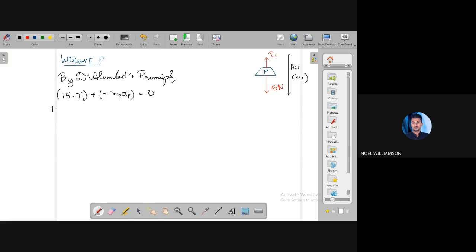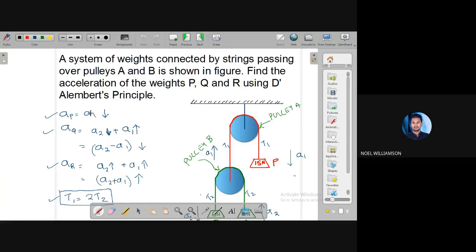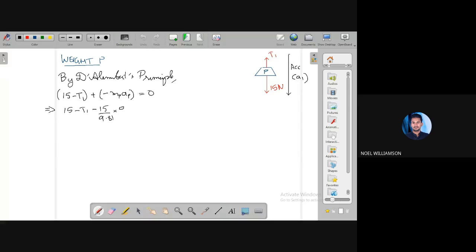Which implies 15 minus T1 minus mP into AP equals 0. Mass MP is weight by acceleration due to gravity, W by g, so instead of MP we can say 15 by 9.81 into AP, where AP is A1, equal to 0.